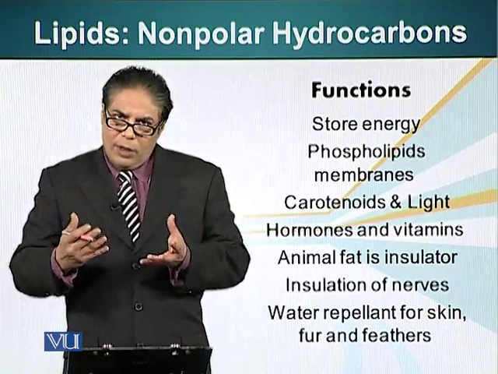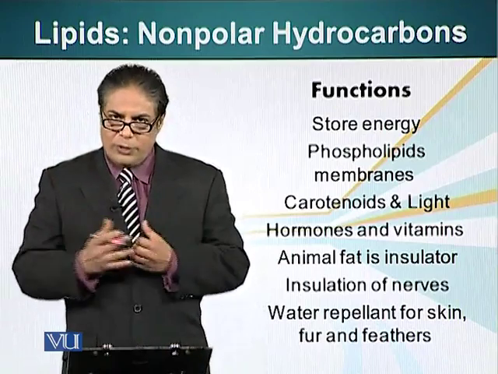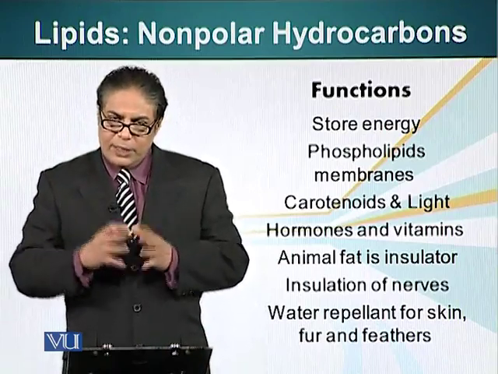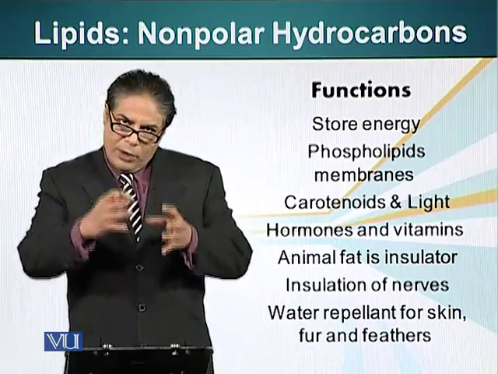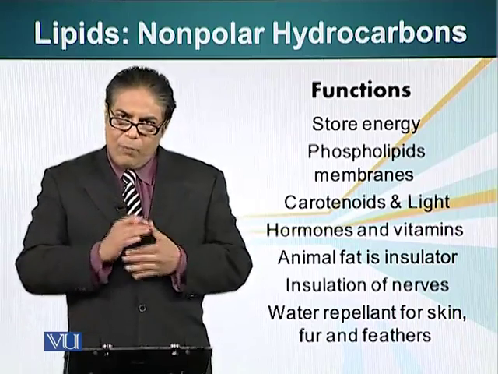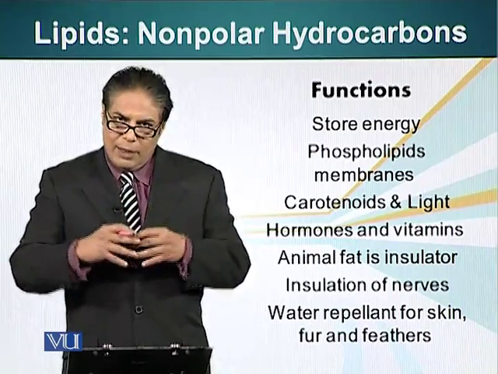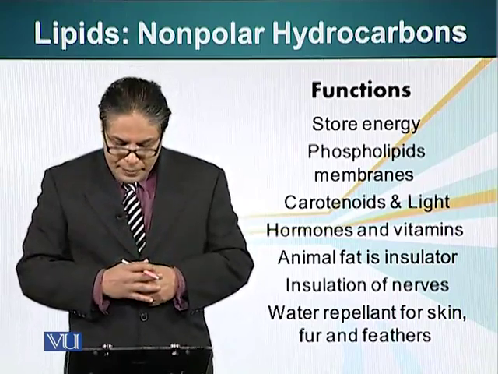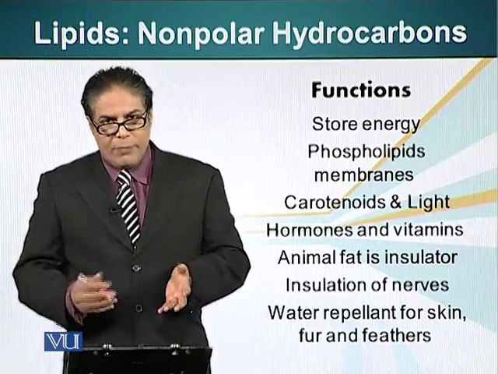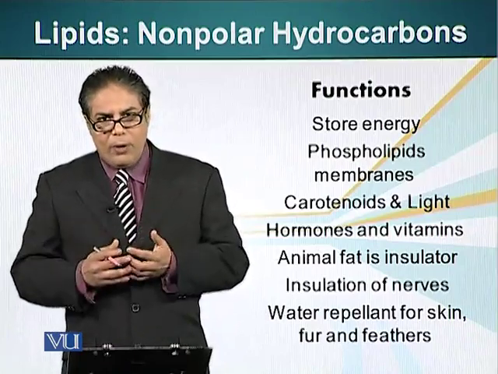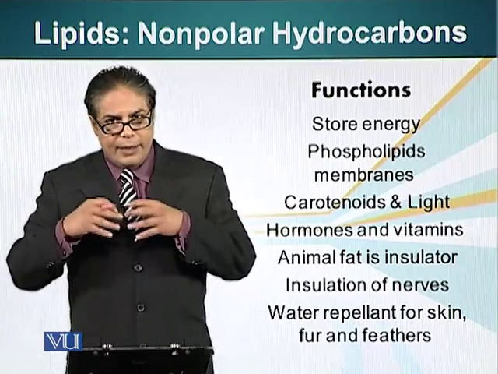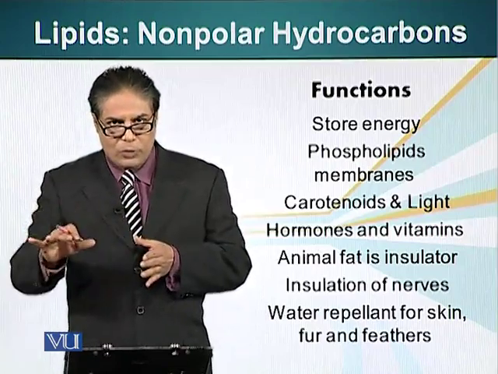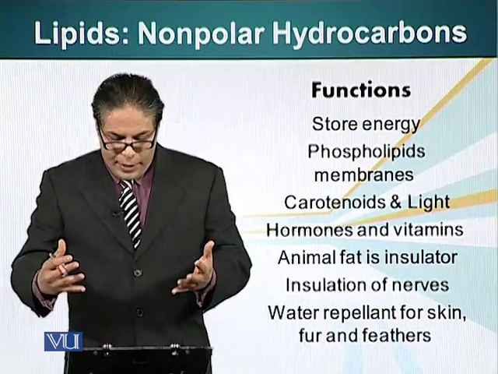We all know about photosynthesis. The molecule that captures light in the plant tissue is also a type of lipid. Hormones and vitamins, many lipids play an important role in signaling and giving cells information from the outside environment.